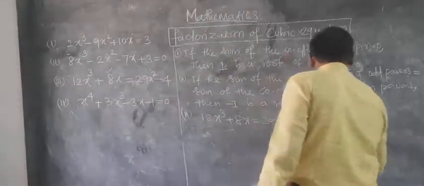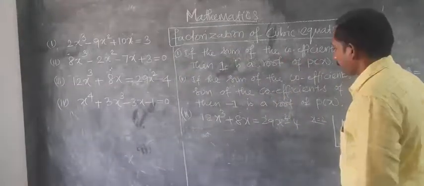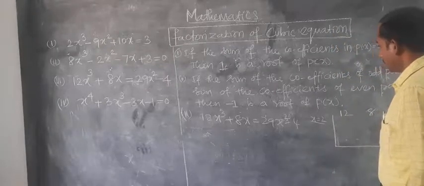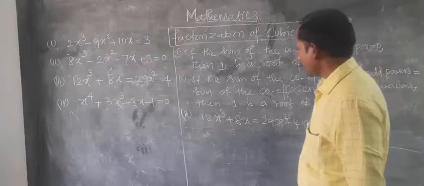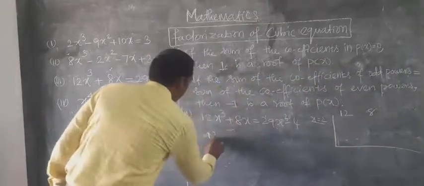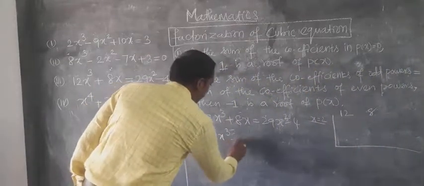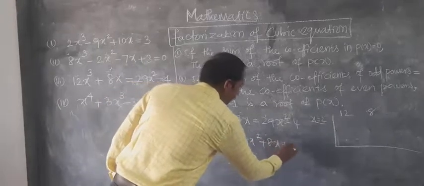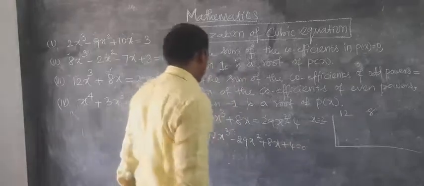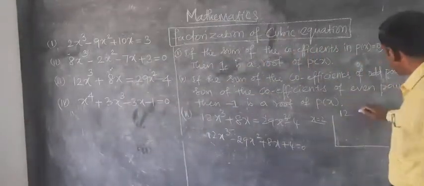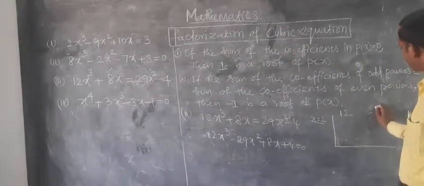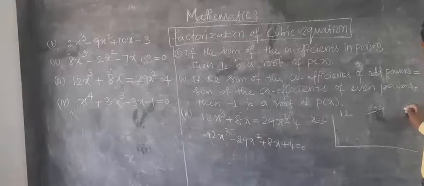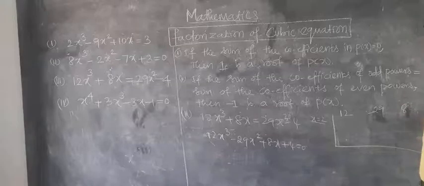Our equation 12x power 3 minus 29x square plus 8x positive 4 equal to 0. So 12, minus 29, positive 8, plus 4.